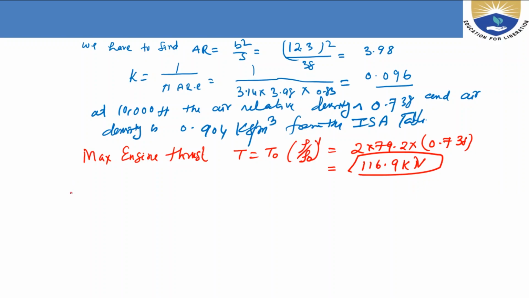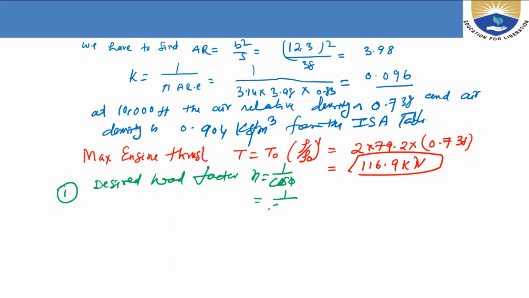So now we will see the first problem, the desired load factor. Desired load factor, that is n is equal to 1 by cos of phi.